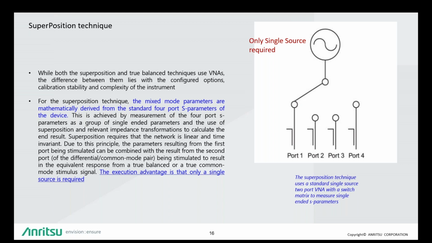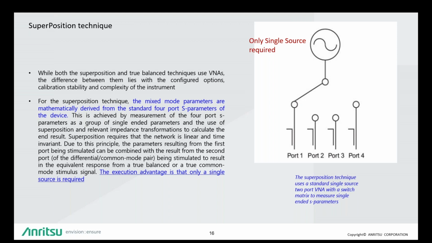Now concentrating on the superposition technique that I mentioned earlier on, you can see there's a single source here, which is obtaining single-ended measurements. And then what the algorithm inside the VNA does is the mixed mode parameters, and by that I mean the differential and common mode parameters, are mathematically derived from the standard 4 S-parameters of the device.